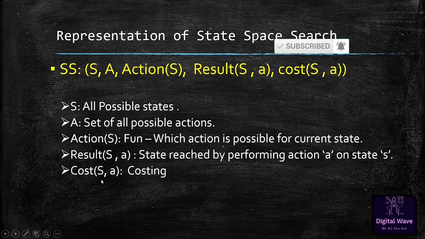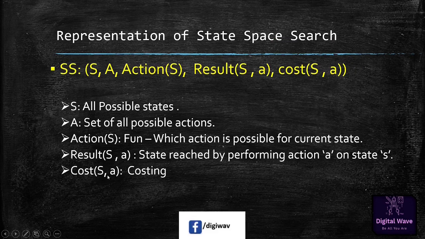After that, Cost(S, A). After applying action A on state S, whatever cost you have is denoted by Cost(S, A). So this is all about the equation that represents state space search in artificial intelligence.